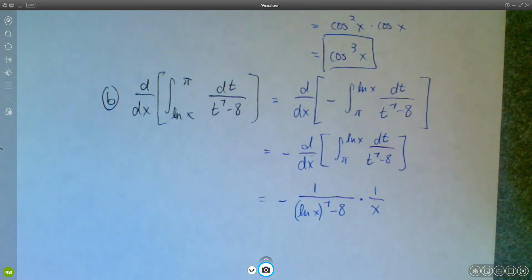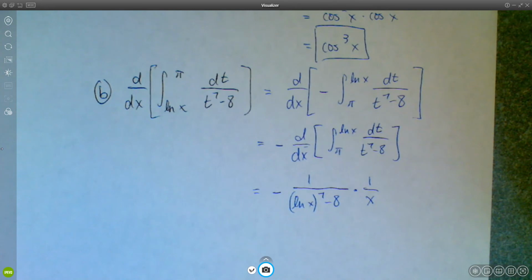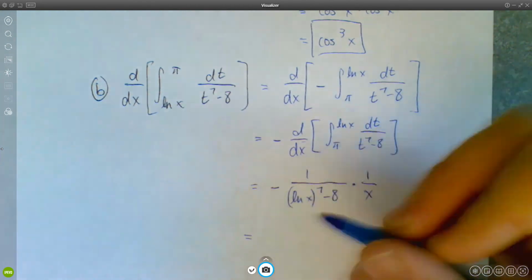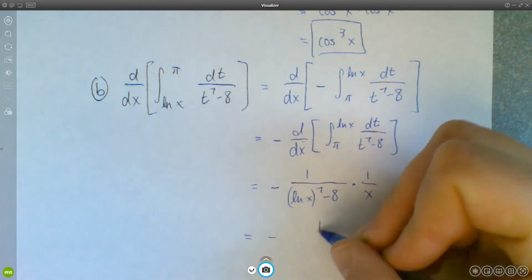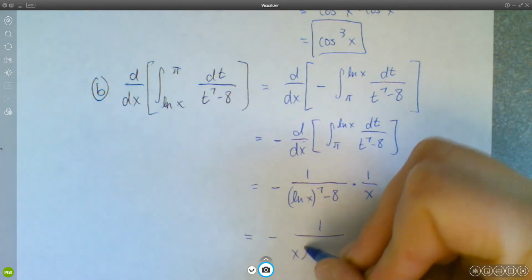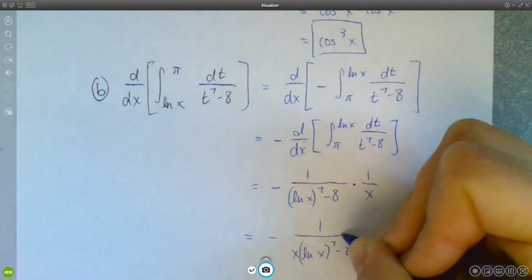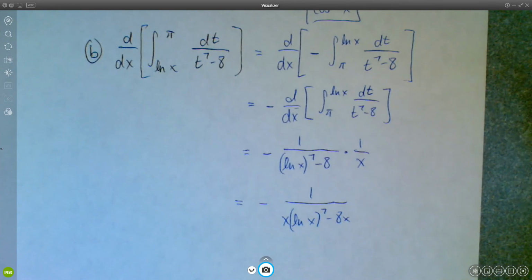That one doesn't simplify quite as nicely. I suppose you could distribute the x if you wanted to, so you could call this negative 1 over x times ln of x to the 7th minus 8x. I'm not sure that's all that much nicer, but either one of these answers would be acceptable.